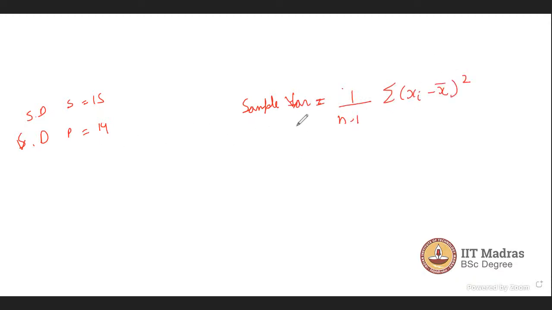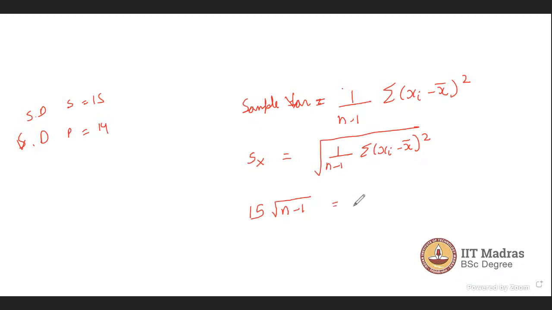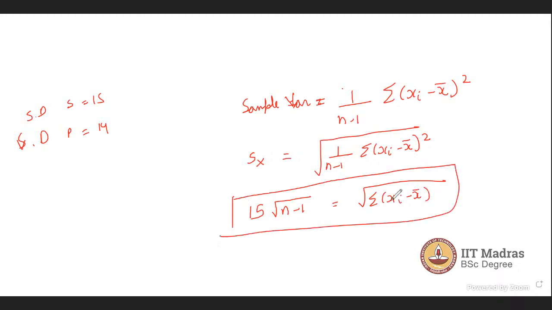And sample standard deviation will be the under root of this. I know its value is 15, so I am taking root n minus 1 to the other side. This is my equation 1.